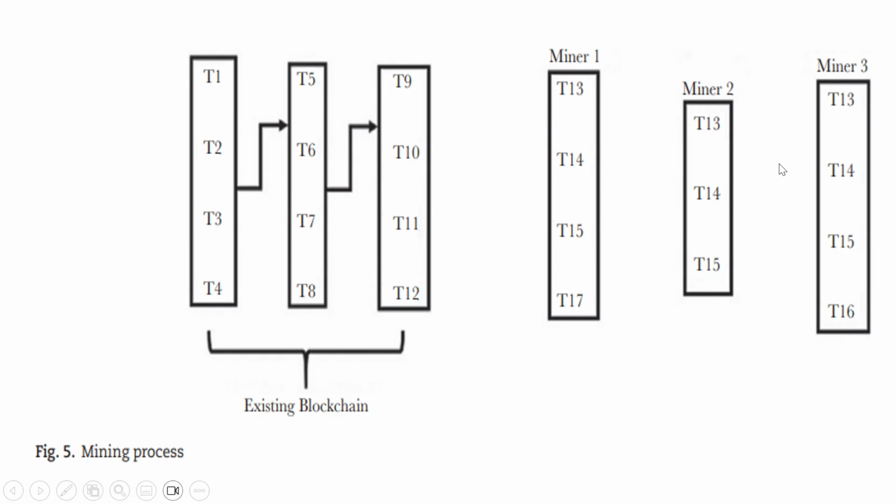Once miner 2 and miner 3 come to know that miner 1 has already mined the block, they stop mining, because they contain identical transactions, that is T13, T14 and T15, which are already mined by miner 1. Miner 2 and miner 3 can again get involved in mining a new block, but with different transactions, not the same transactions which are already mined. Miner 1 is declared the winner, and is awarded by the blockchain network with a suitable reward, because miner 1 has used computational power to find the valid block hash value.